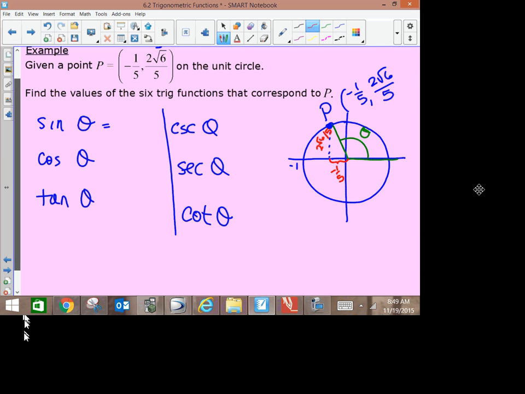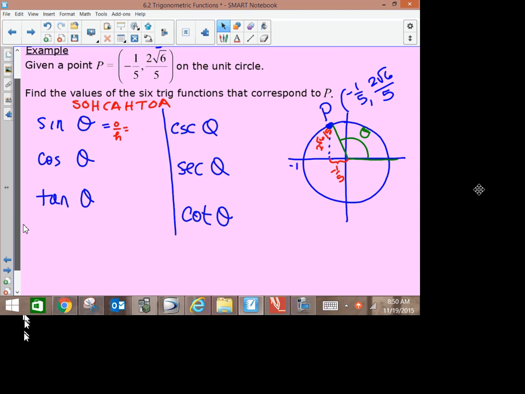All right, so sine, we go back to SOHCAHTOA. We're doing opposite over hypotenuse. Wait, your theta's not... there's not an opposite of your theta. Okay, that's a very good point. Your theta is here, no question about that, right? But we're going to focus on this triangle right here.